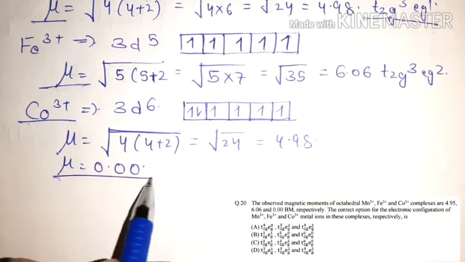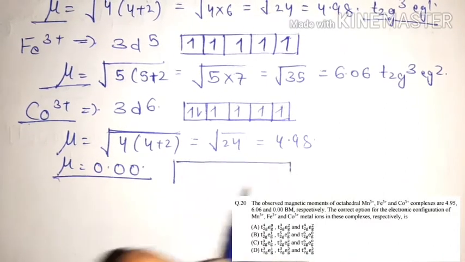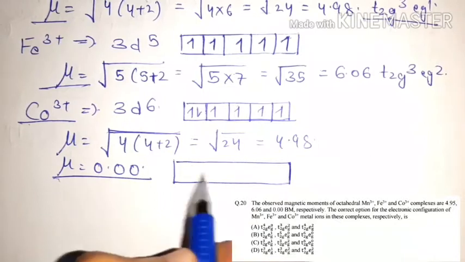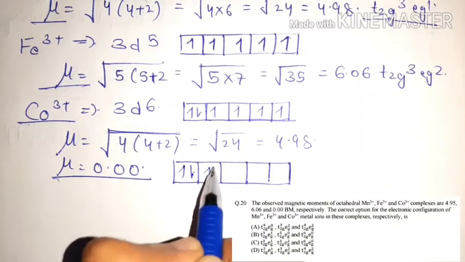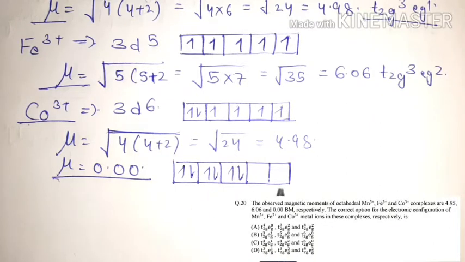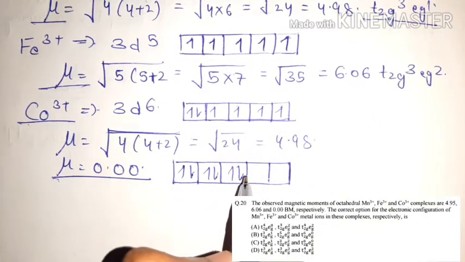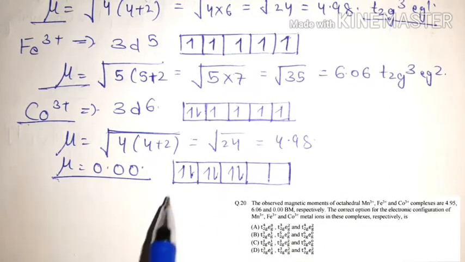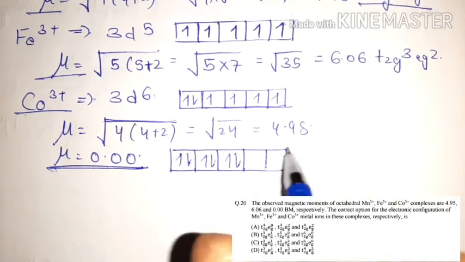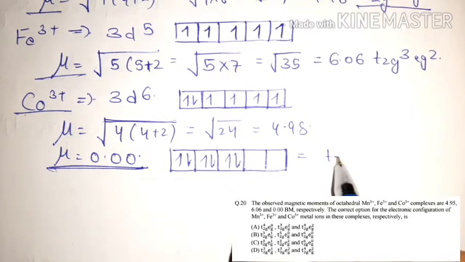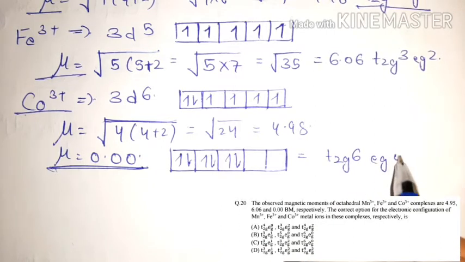According to this condition, the acceptable electronic configuration is the one in which all electrons will be in paired condition, that is, all 6 electrons paired. In this condition the number of unpaired electrons is 0, and because of this the value of your magnetic moment will also be 0. So here the electronic configuration will be t2g6 eg0.